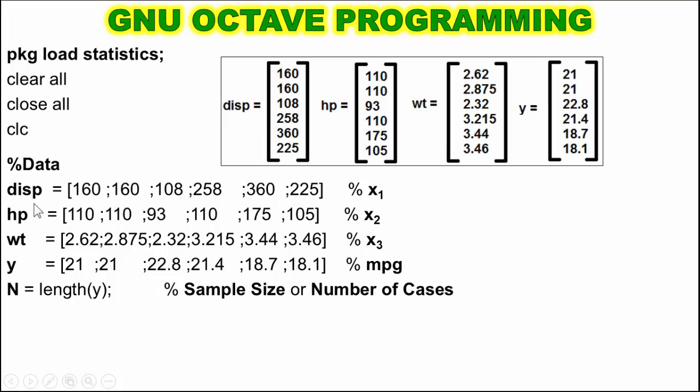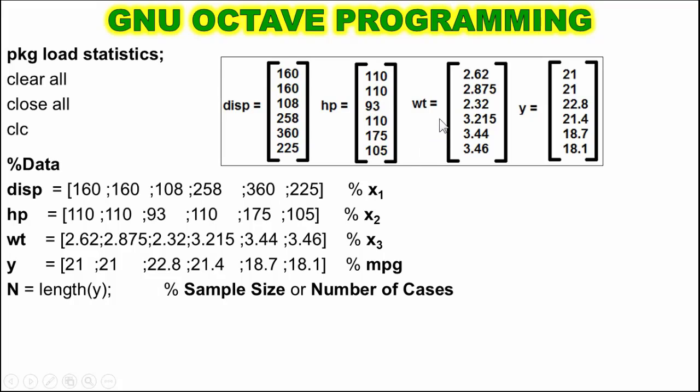The variable disp is a 6 by 1 matrix that contains the cylinder displacement of the 6 cars. The variable HP is a 6 by 1 matrix that contains the horsepower of the 6 cars.